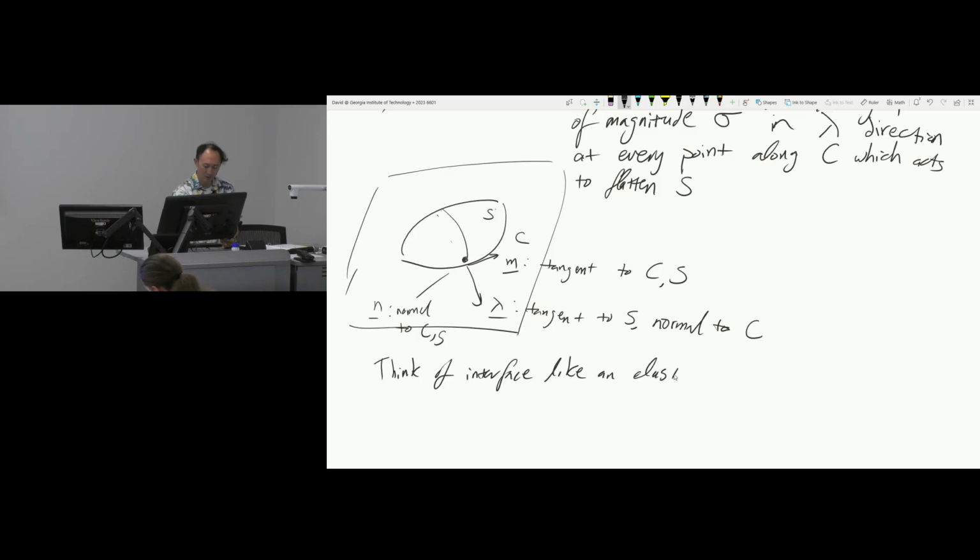So the interface, it's basically like we have an elastic balloon, and if you poke out the balloon with your hand, there's a normal force that wants to push it back in.